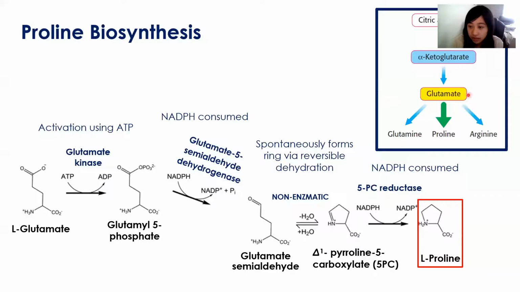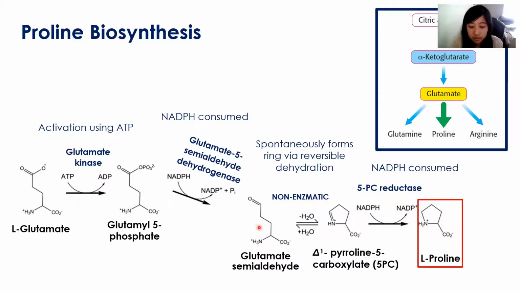Now, glutamate can also be converted to proline after many more steps. So glutamate is first activated by ATP via glutamate kinase, and then this intermediate can be converted into glutamate semialdehyde using NADPH.